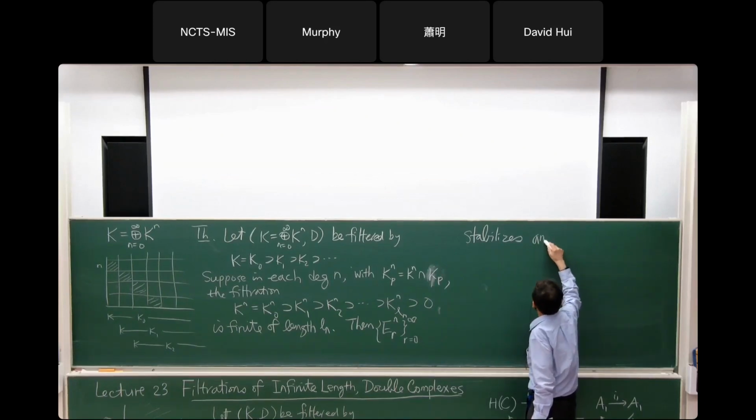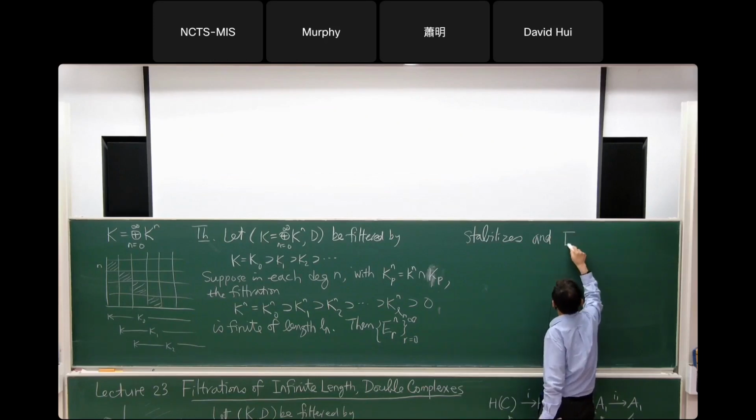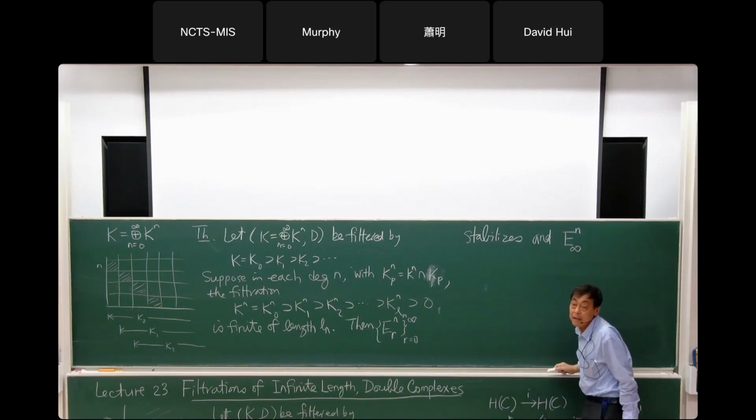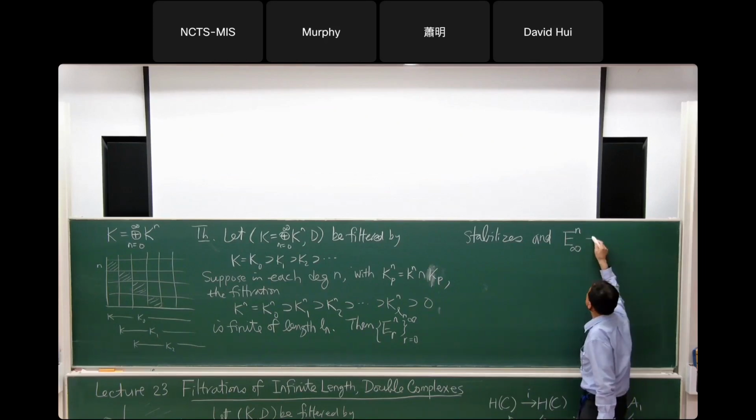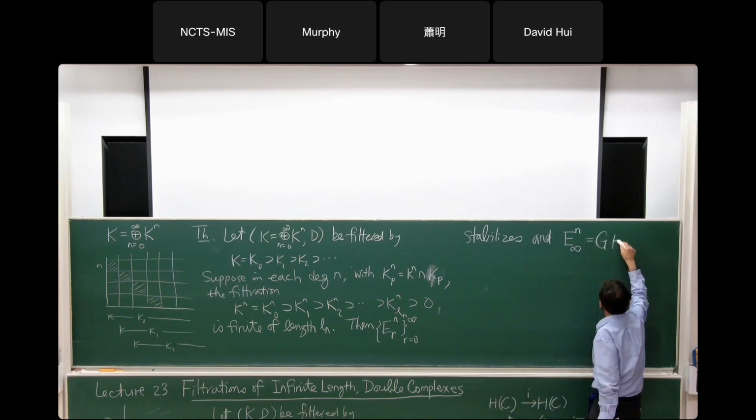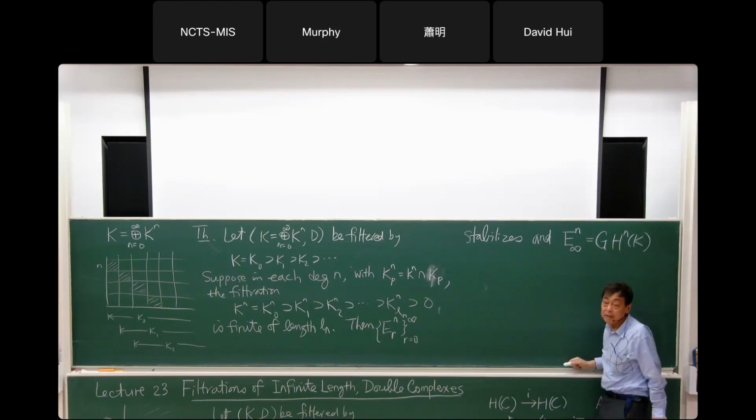And so you have an E infinity in degree n. And that is the associated graded complex of the cohomology in degree n.